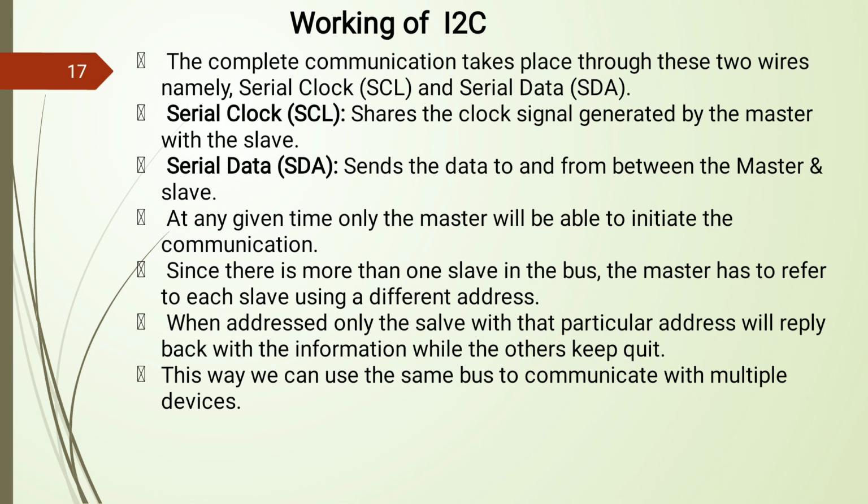After completion of the communication between the first master and slave, the second master will be able to start communication with that particular slave or any other slave. So simultaneous communication is not possible. After completion of the first, we are able to establish communication with the next slave.